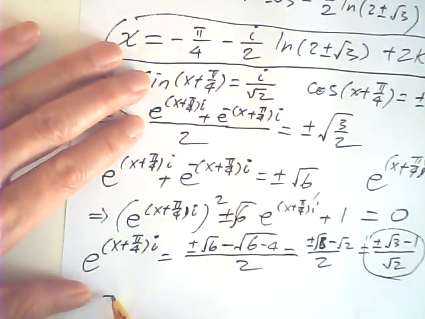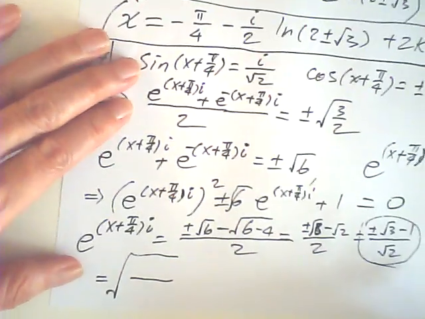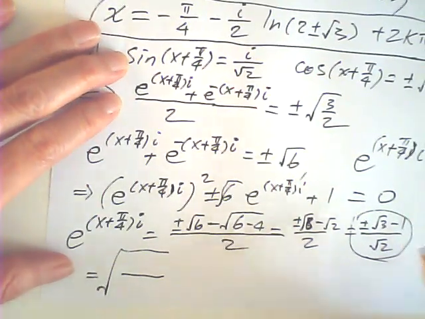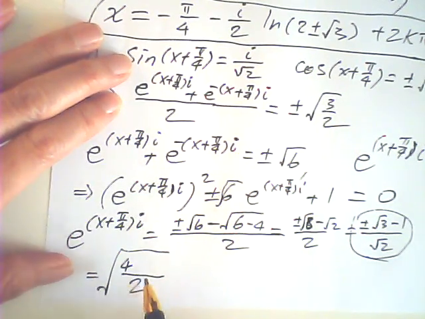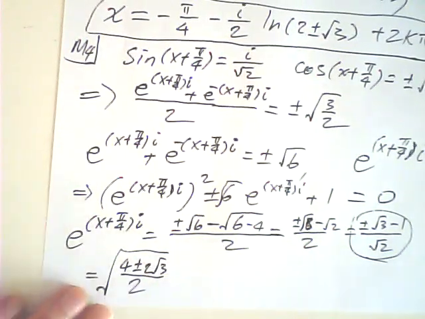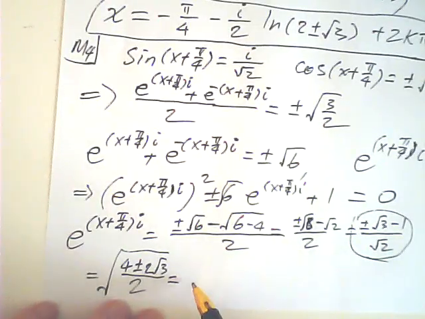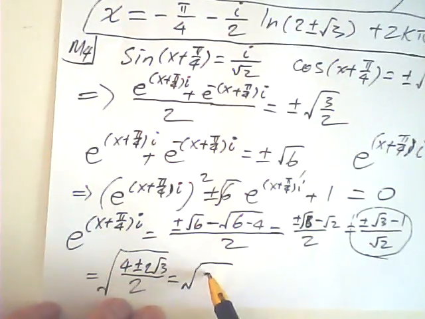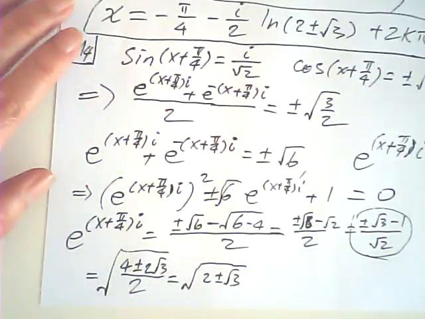So this one is equal to the square root. Squaring inside, right? This is 2. This square is equal to 4 plus or minus 2 root 3. So this is equal to the square root of 2 plus or minus root 3. Yeah. Very good.